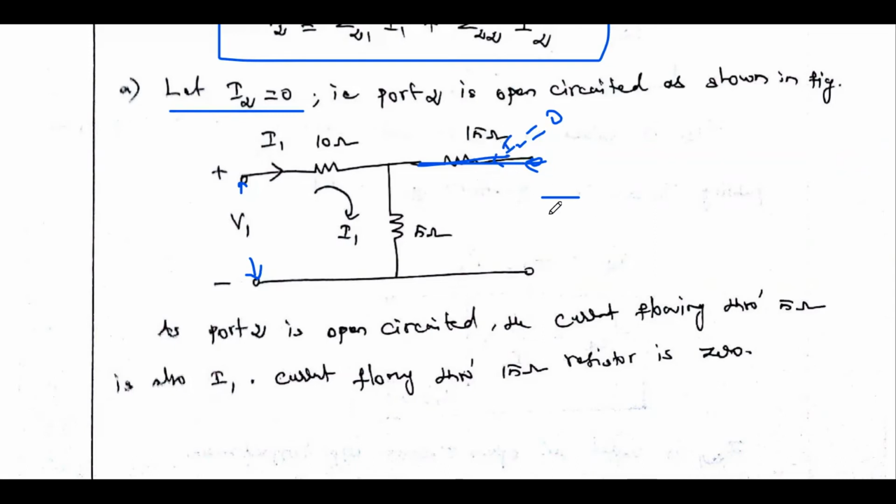V2 is the voltage across the terminal 2 to 2 dash. If the voltage across this 15 ohm resistor is 0, the voltage across terminal 2 dash is nothing but the voltage across this 5 ohm resistor. According to this diagram, the current flowing through this 5 ohm resistor is I1. So V2 can be written as 5 into I1.